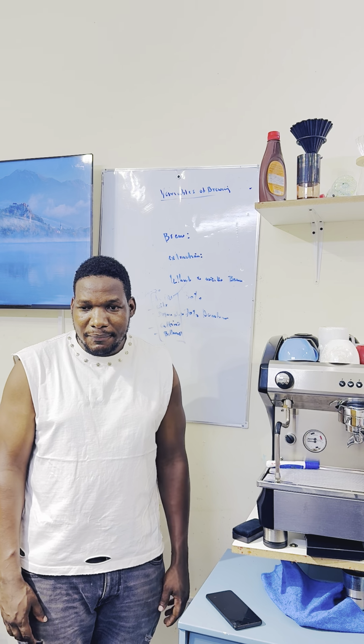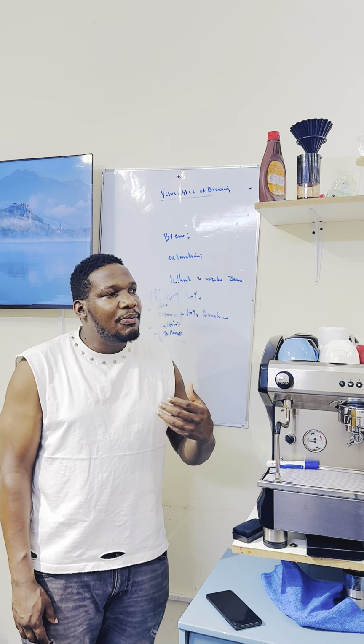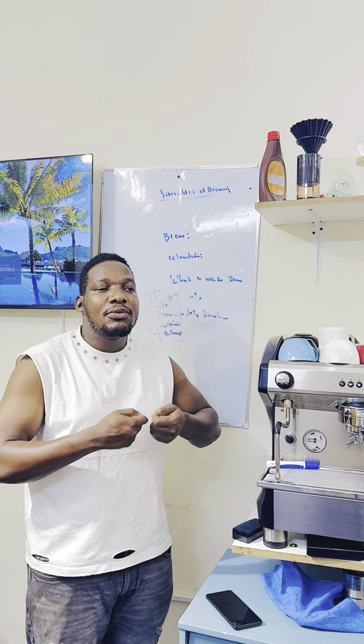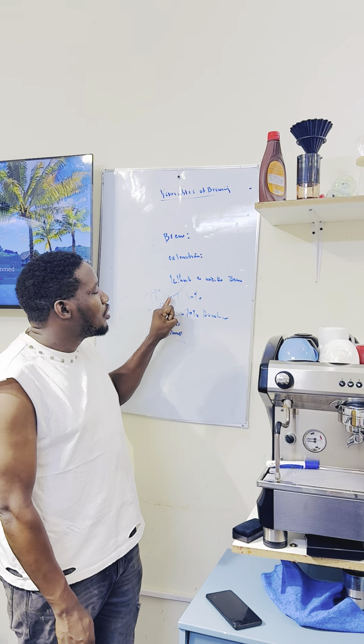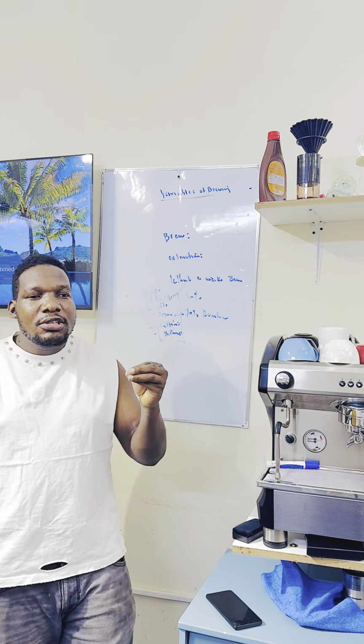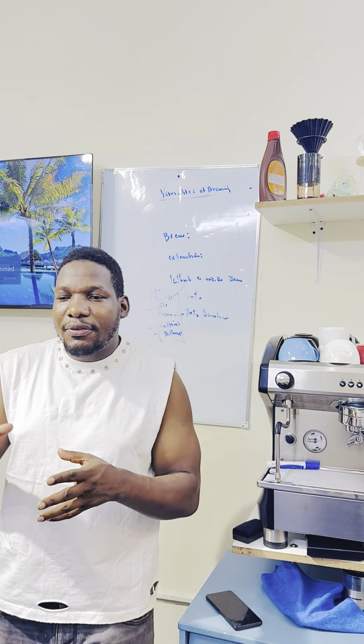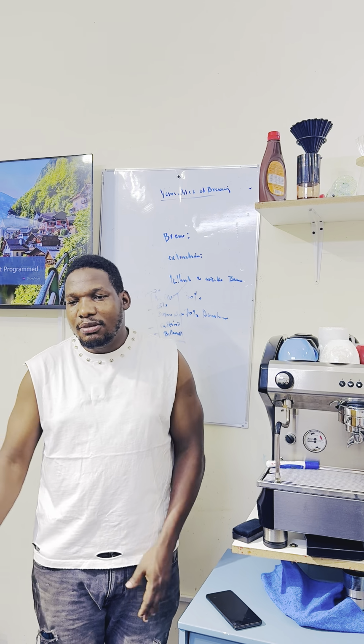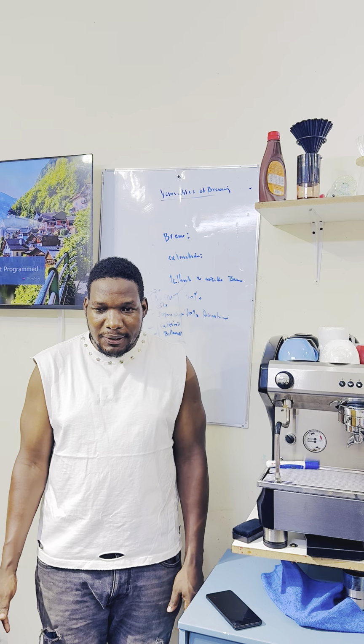You get my point? So those very compounds or substances that can dissolve in water, they are the ones that we always refer to as the soluble compounds. And those very compounds that do not dissolve in water, they are the ones that we always refer to as the insoluble. You get my point? Yes.